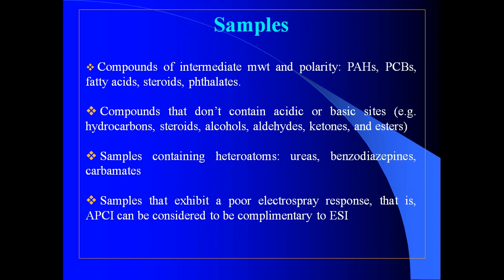The atmospheric pressure chemical ionization is generally preferred, as I told you, for intermediate molecular weight and comparatively less or intermediate polarity compounds, like fatty acids, steroids, polychlorinated benzenes, polyaromatic hydrocarbons, and the compounds that do not contain acidic or basic sites, and samples containing heteroatoms, or samples that exhibit a poor electrospray response.